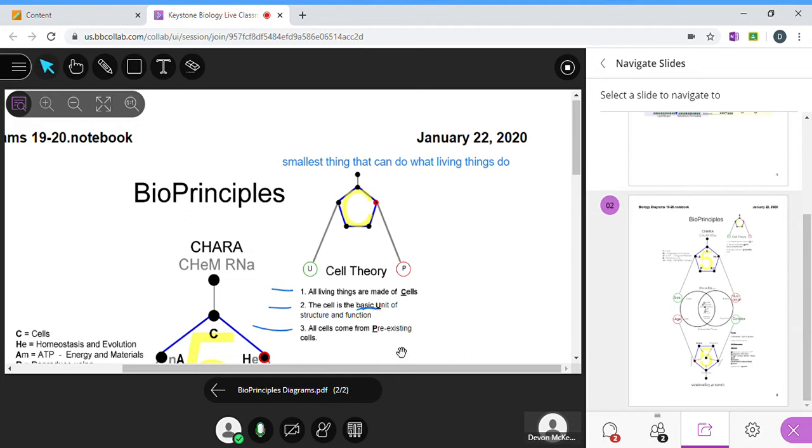If you were to follow these cells backwards in time, every one of those several trillion cells came from a pre-existing cell, and you go back a generation and back another generation. You keep going backwards until a time about 14 years ago when you were a single-celled organism.